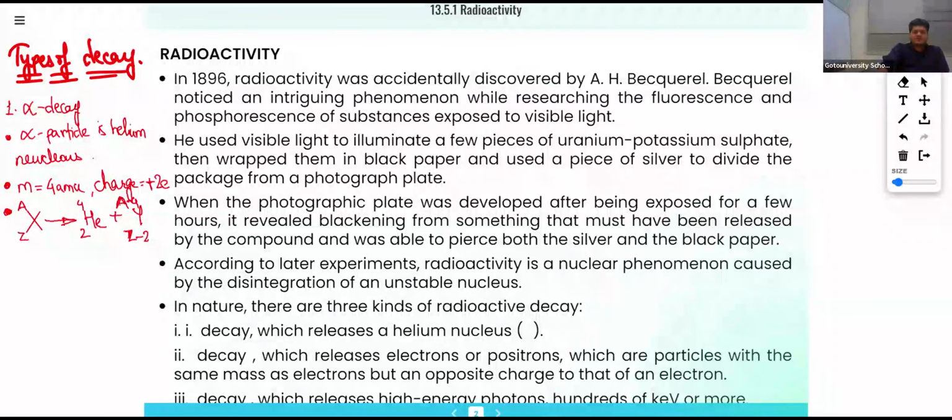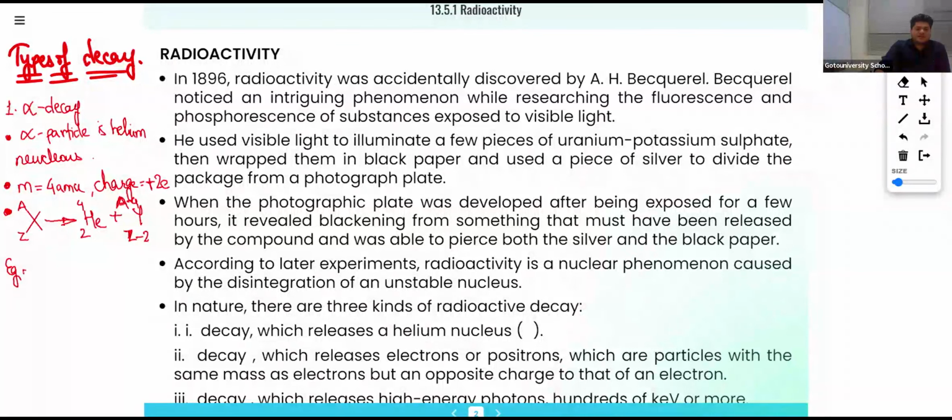Why is this? Because the sum of atomic number and mass number on both sides should be the same. If A is 16 and 4 is released, there should be something to balance it. If A minus 4 would be 20, then 20 minus 4 would give us 16 only.